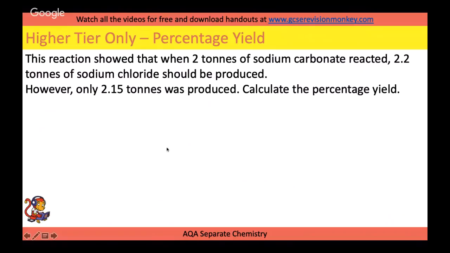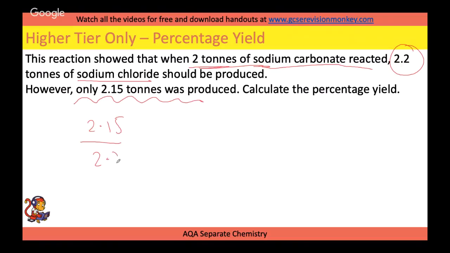So percentage yield, start off nice and easy then. Percentage yield is just a percentage. Okay, whenever you do a chemical reaction, you're not going to get 100% yield. So let's say you reacted 2 tons of sodium carbonate and you should have produced 2.2 tons of sodium chloride, theoretically, but you only produced 2.15 tons, your percentage yield would be 2.15 divided by 2.2 times 100.